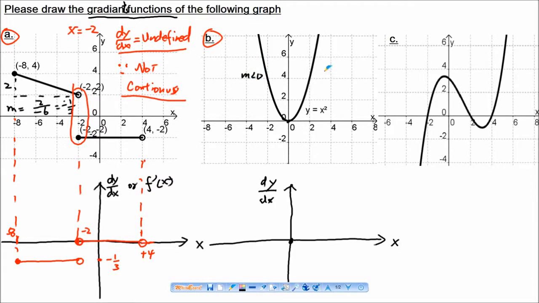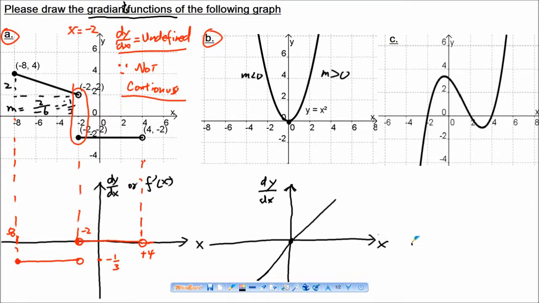However, at the right hand side, the gradient is greater than 0. So just draw a straight line. And when x is 0, the gradient is 0. Okay, that's it for question B.